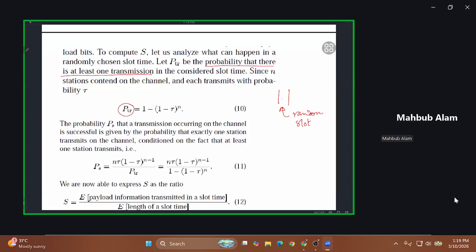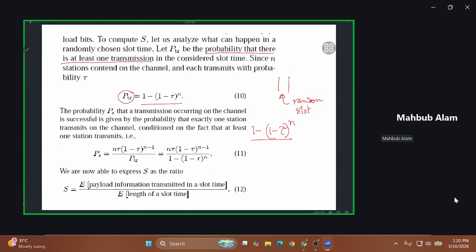What is the probability a single station transmits? Is tau. What is the probability that a station does not transmit? 1 minus tau. What is the probability that n stations do not transmit? 1 minus tau to the power n. And then 1 minus (1 minus tau) to the power n is the probability that at least one station transmits in a random slot.